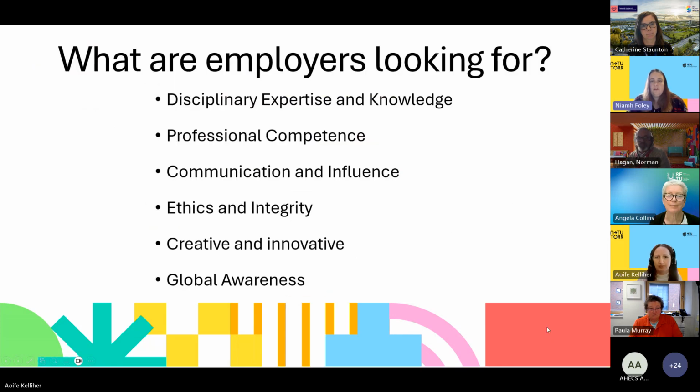So just following on from Aoife, looking at what employers are looking for, it's that professional competence, but there's also a big part of employability around global awareness now. In recognition of the growth of diversity and internationalism, students need to be exposed to this.